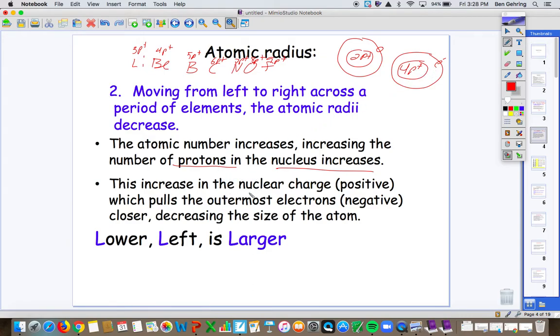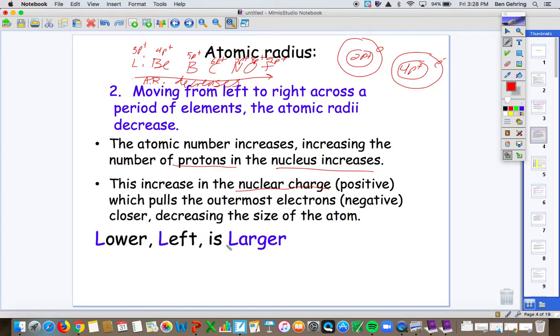So what you're doing is you're increasing what's known as the nuclear charge, or the pull from the nucleus on the electrons, which pulls it closer, decreasing the size of an atom. So as you go across, lithium is going to be a bigger element than fluorine. So your atomic radius decreases going across.